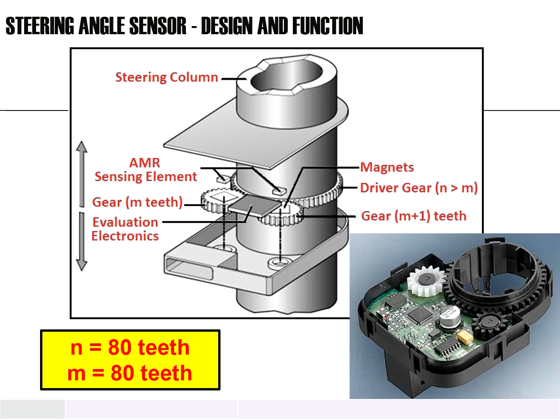The difference in the number of teeth between the gears is important because it allows the system to determine the angular position more accurately. The rotational movement of the steering column is transferred through the gear arrangement. The sensor then measures the corresponding angular position. This principle allows the steering angle sensor to measure the actual steering position.